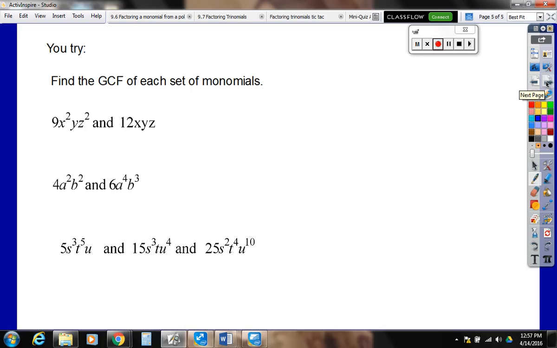Okay, we have a couple that we're going to try together. We'll go over these together, and then we have some that we're going to do on the worksheet as well. Kiara, what's the greatest common factor of this set of monomials? 3. Look at what variables they share.